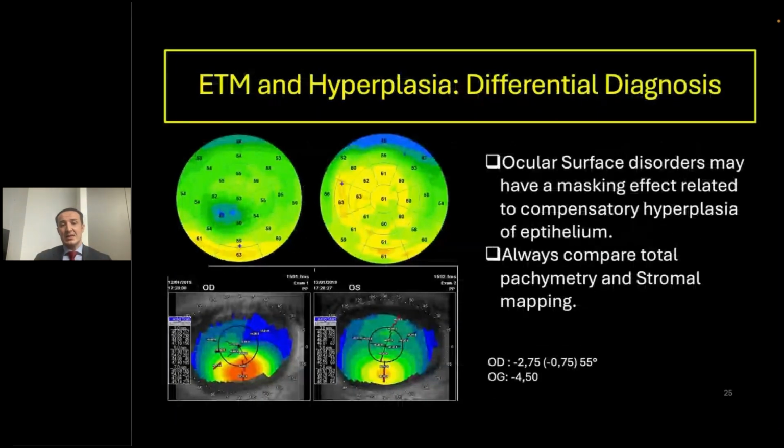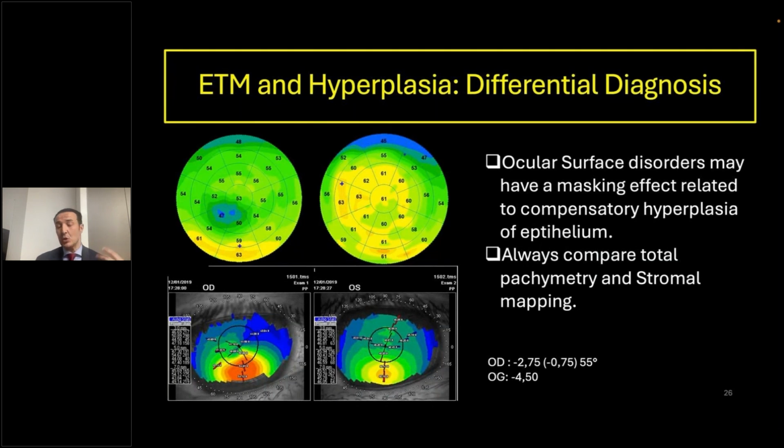Look, in this case, we know that in epithelium mapping you have a pathognomonic aspect of keratoconus with the thinning of the epithelium above the cone associated with hyperplasia donuts around the cone.